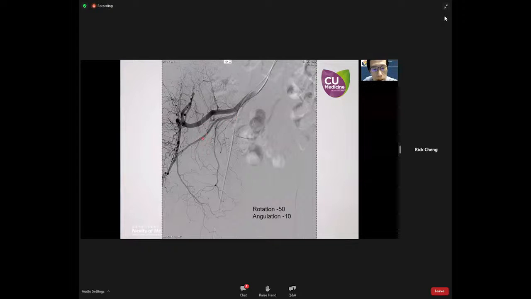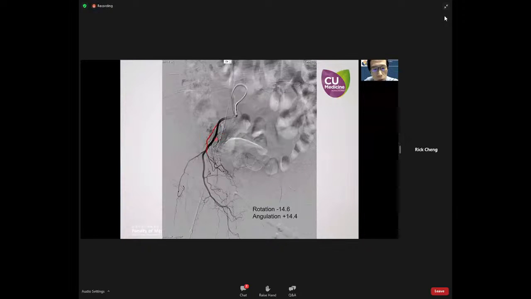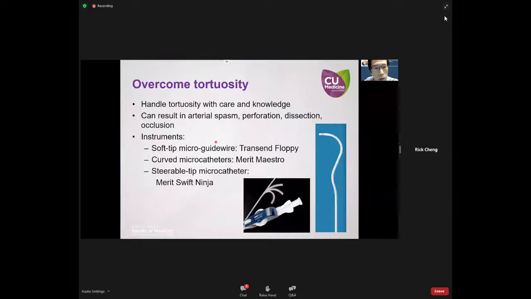So in this case, we know that this is a prostate artery, but in fact, there is a large portion of overlap between the internal pudendal artery and the IVA. So we need to separate them before we move further on.